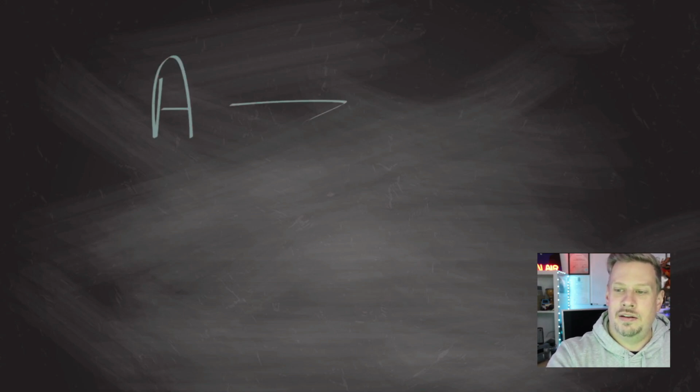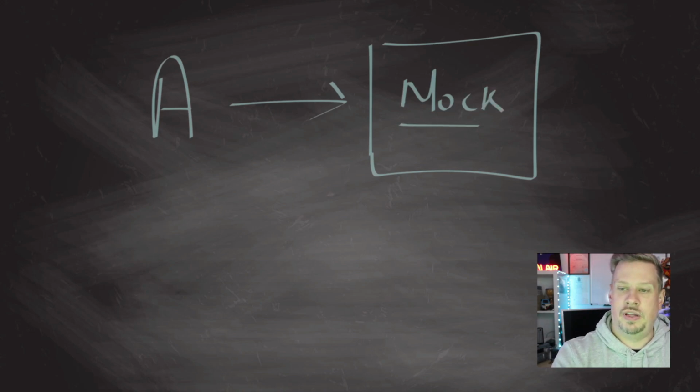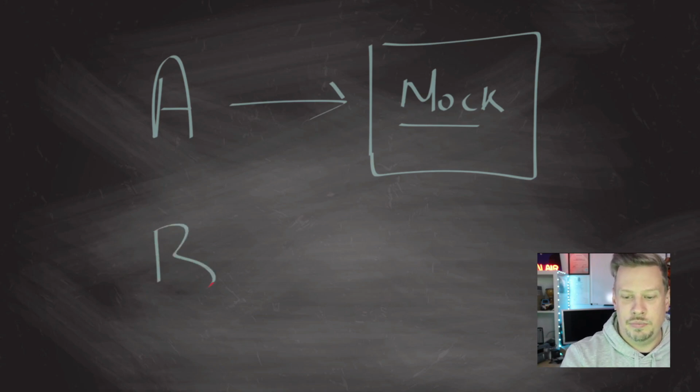So what I'm saying is that you can write test A, and then that can depend on a mock. And that mock sets up everything that test A needs, and that's fine. We then write test B. This is a slightly different but incredibly similar test case, and it is capable of using the same mock.